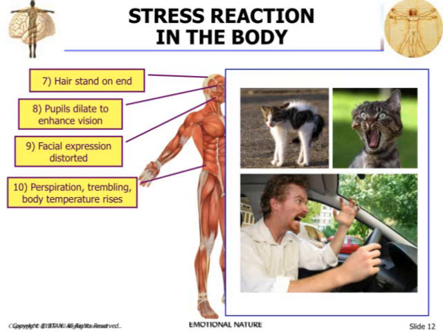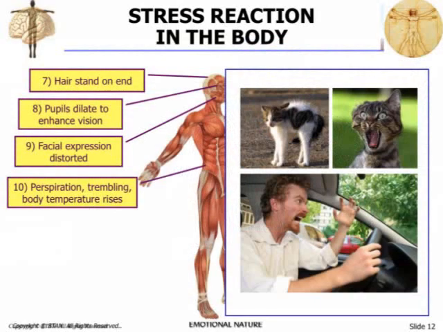Again, if you think about it, a person who is fearful, angry, anxious, worried, facial expression is all tensed up, all distorted. You don't see people who are angry, fearful, worried, looking with the face very relaxed. No such thing. And it causes body temperature to rise. It causes other parts of the body reaction, trembling, perspiration, and so on.